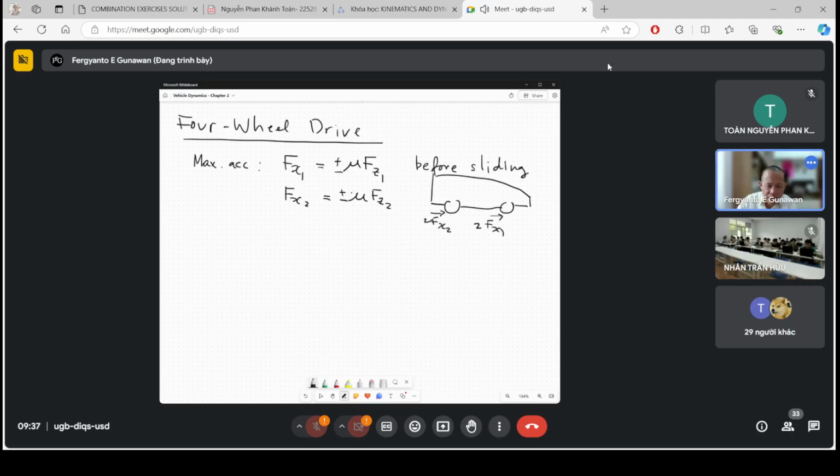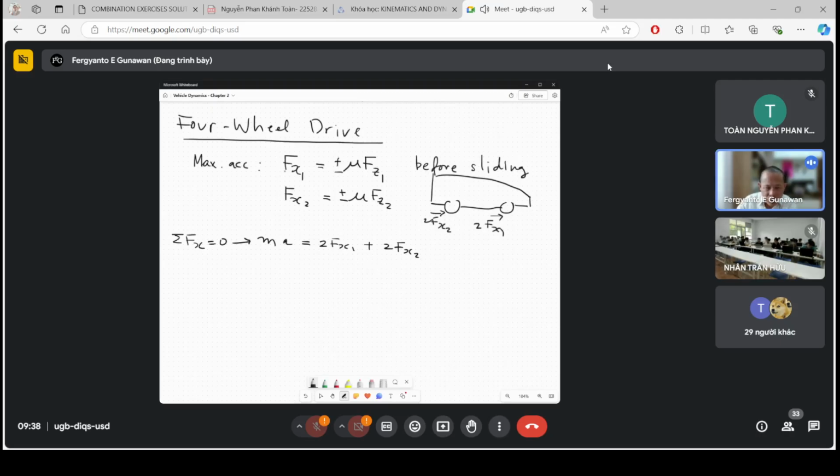The equation of motion is ma equals 2 Fx1 plus 2 Fx2, right? This is the equation of sigma x equals 0.